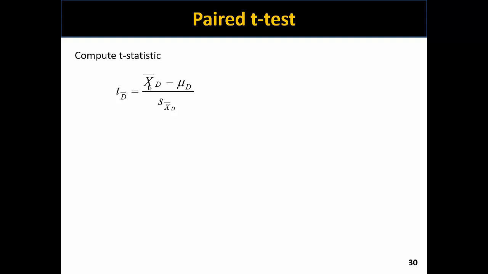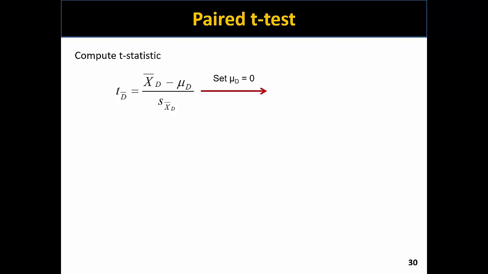And that's going to be equal to the average difference subtract mu of D. Mu of D refers to the difference in both sets of scores among the population. And we're going to divide that by the standard error of the mean differences between the two sets of scores, where the capital letter D is used to indicate a difference.